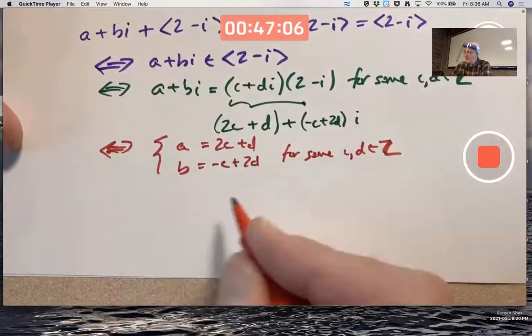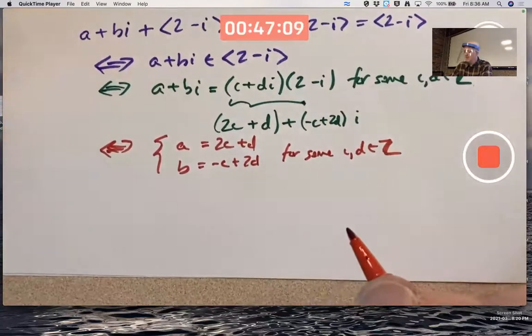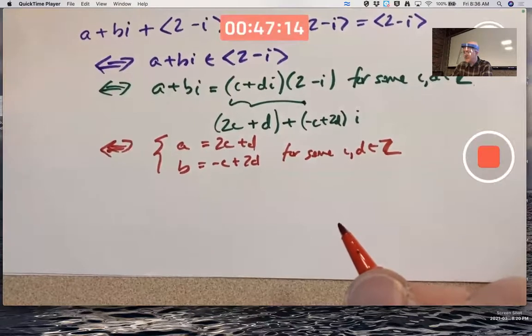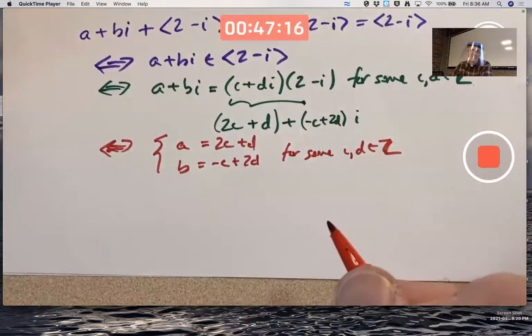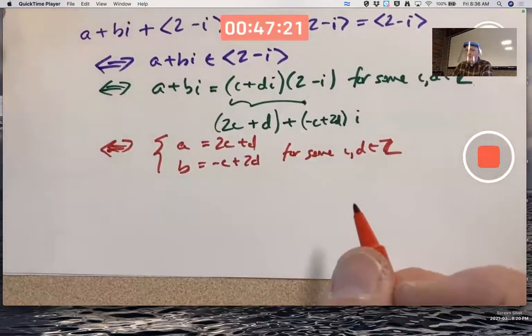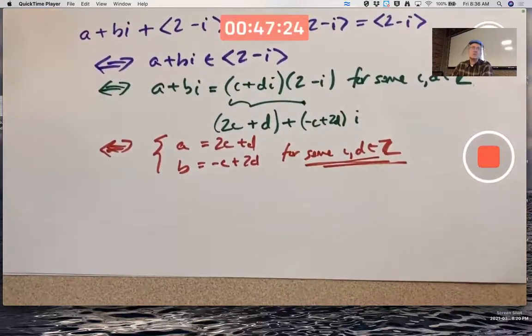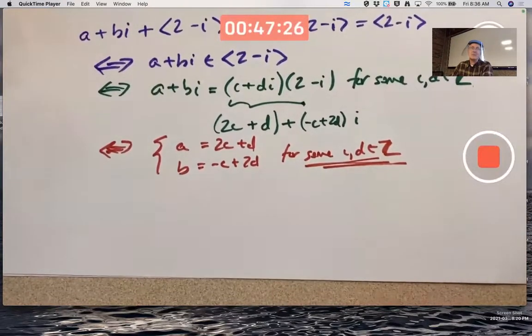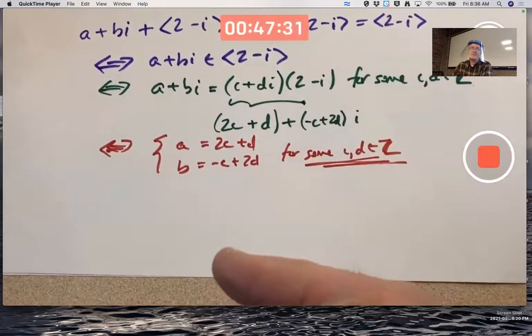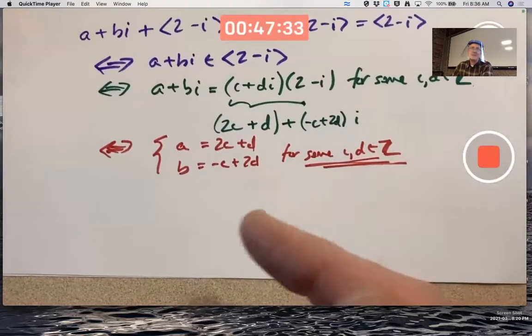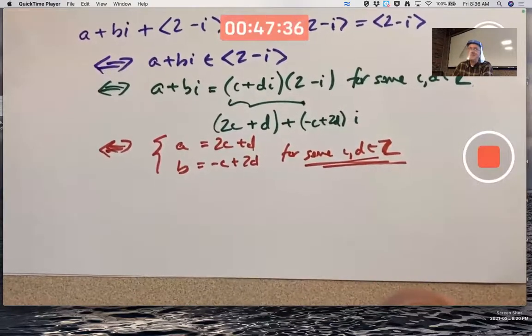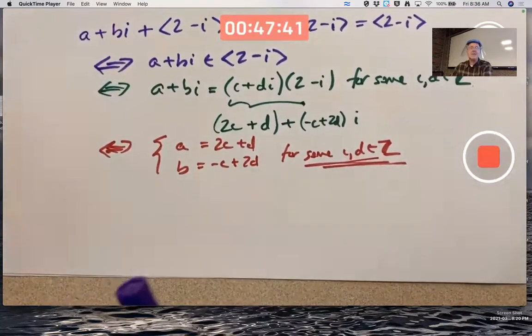Now, such a system of equations, if we wanted to solve for c and d, would definitely always have a solution if we allowed c and d to be real numbers, or even rational numbers for that matter. However, we're restricting c and d to being integers. And that means this won't necessarily in general have a solution for arbitrary a and b. They have to be special a's and b's for this to have integer solutions for c and d. Let's think about linear algebra here in vectors.